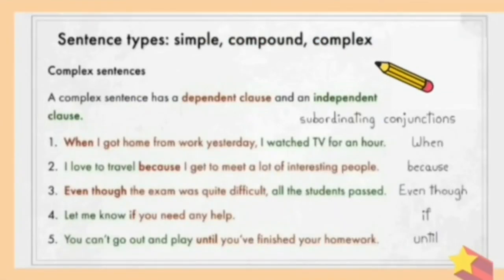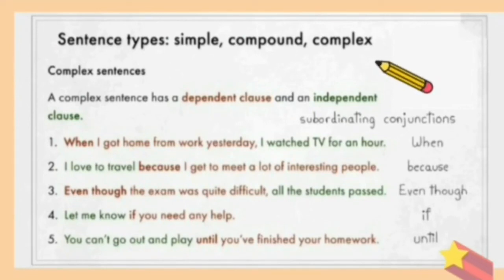So there are a few more examples of complex sentences. A complex sentence, as we already know, is a combination of a dependent clause and an independent clause joined by a subordinating conjunction: when, because, even though, if, until. The first sentence reads, when I got home from work yesterday, I watched TV for an hour.